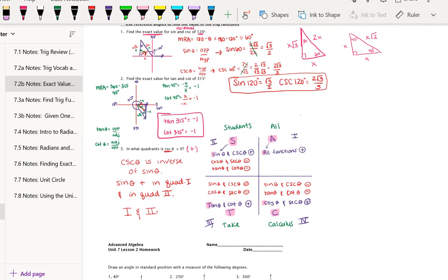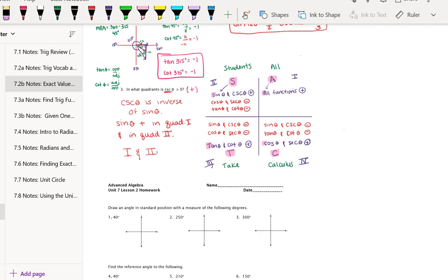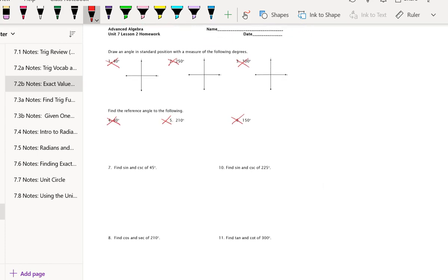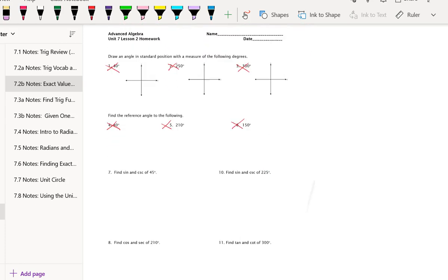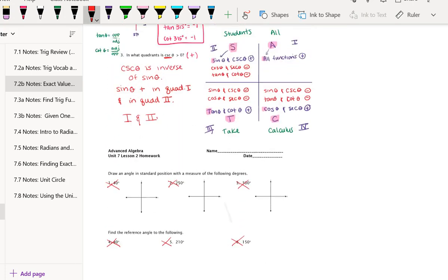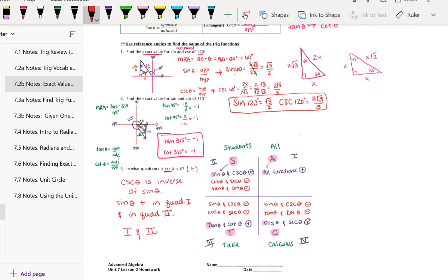I do want to go through maybe one or a couple of the homework questions. Remember, we did these last time we did assignments, drawing the reference angle. For 7, 8, 9, 10, 11, 12, those are directly related to what we did in questions 1 and 2. First, find the reference angle.